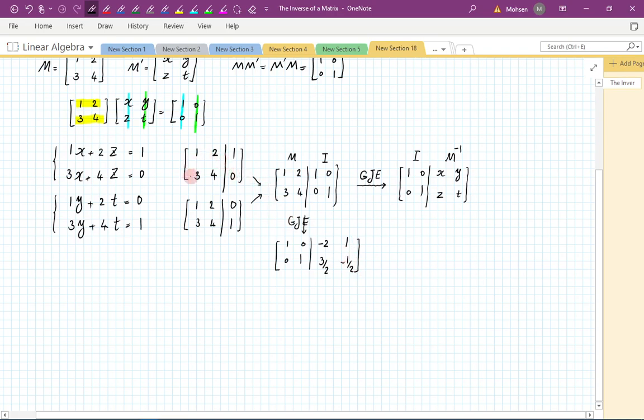Again, if you had solved this problem, find the x and z here, you would have gotten minus 2, 3 halves. If you had solved this problem, you would have obtained 1, minus a half.